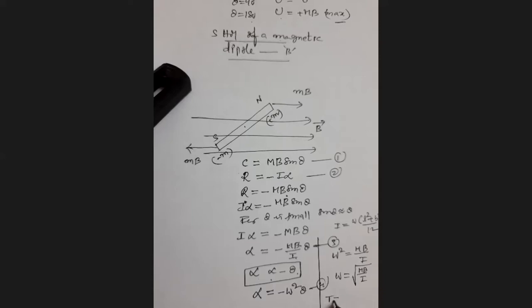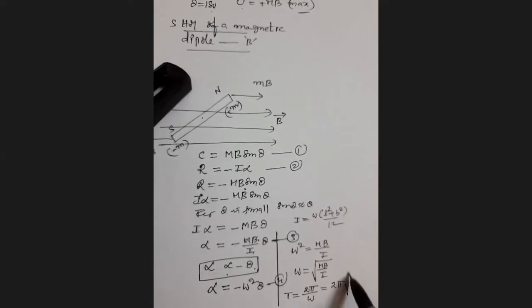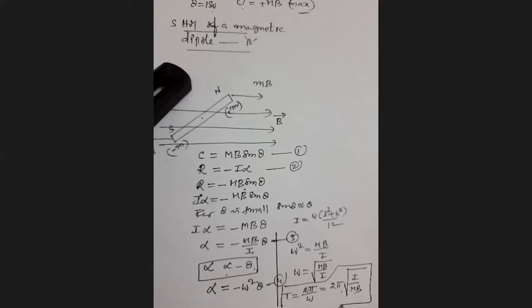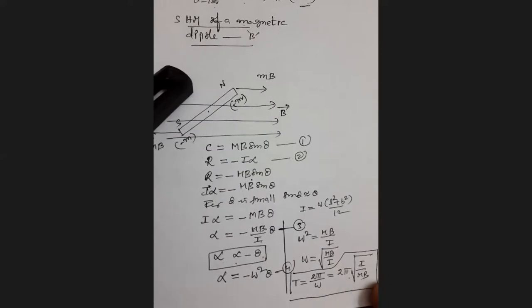But we require the time period of the magnetic dipole in the uniform magnetic field. T equals 2 pi by omega, and substituting the omega value, we get 2 pi root of I by MB. This is the time period of a magnetic dipole or bar magnet when it is suspended freely in the uniform magnetic field of induction.